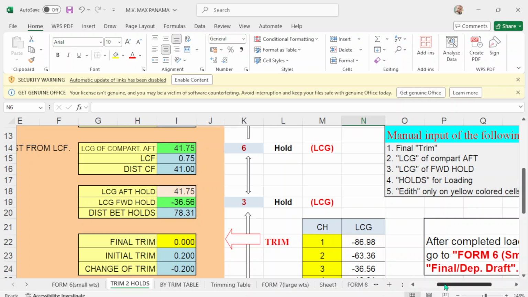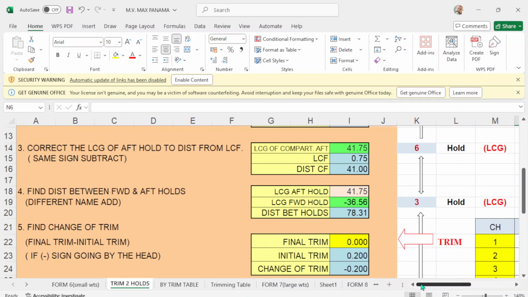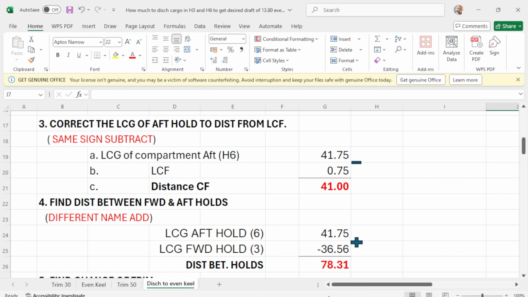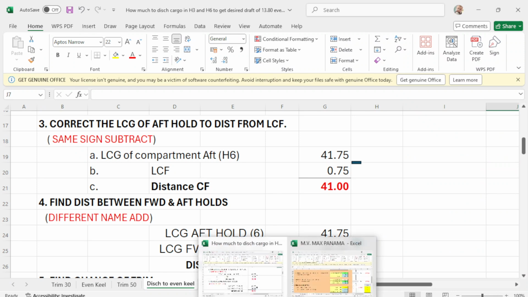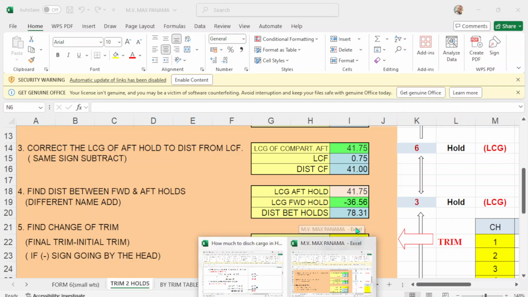Okay, that is number 4. That will be 78.31.